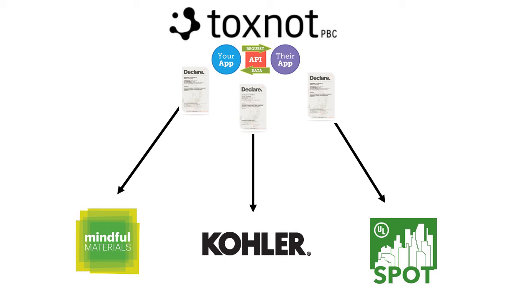We hope this will also work with Kohler as well, but I have not checked into our policy on this and am expecting that there may be some hurdles to work with. With these APIs in place, it will allow us to easily publish declare labels and update them in real time. Without this, there is a lot of communication and manual entry work that must be done to push declare labels out to these platforms.